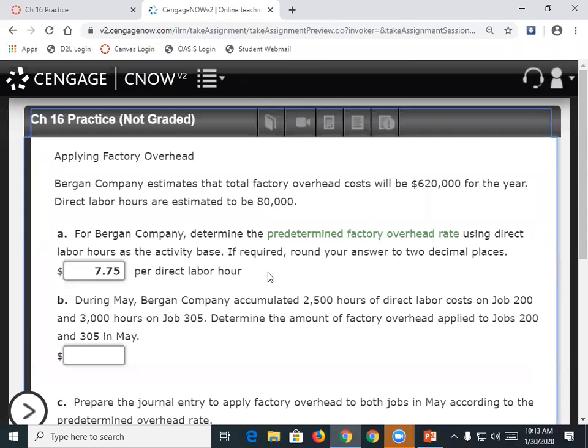Very good, $42,625 of overhead. That's pretty easy, right? $42,625.